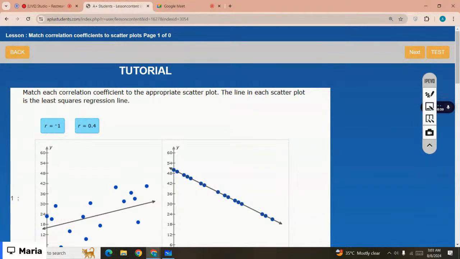Match each correlation coefficient to the appropriate scatter plot. The line in each scatter plot is the least squares regression.